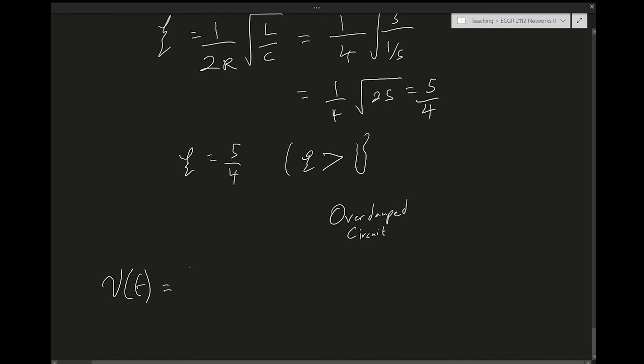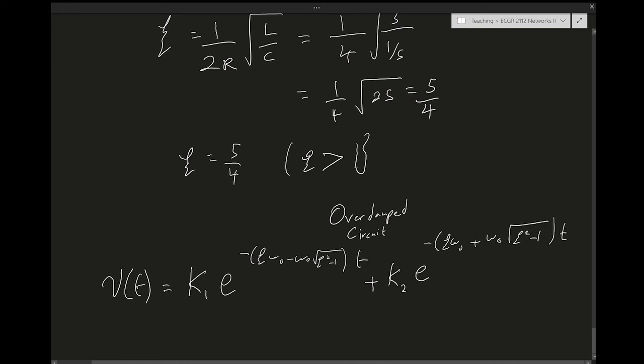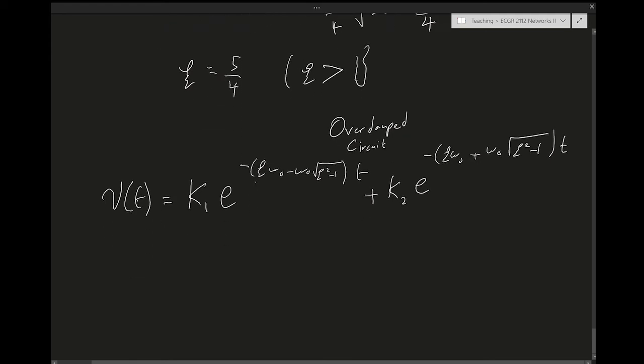It should be some constant K1 e to the minus zeta omega naught minus omega naught square root of zeta squared minus 1, t, plus K2 e to the minus zeta omega naught plus omega naught square root of zeta squared minus 1, t. So let's calculate those terms, those exponents here.